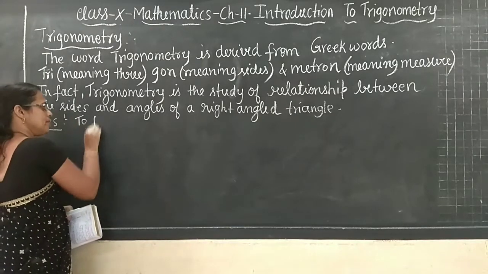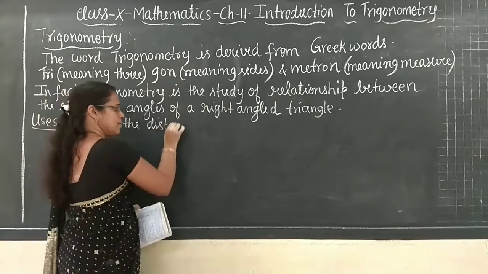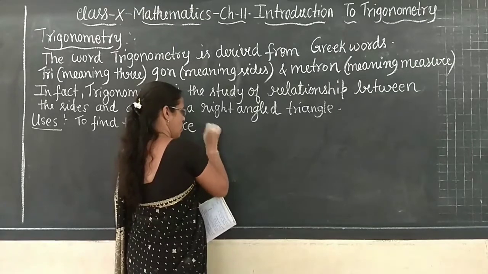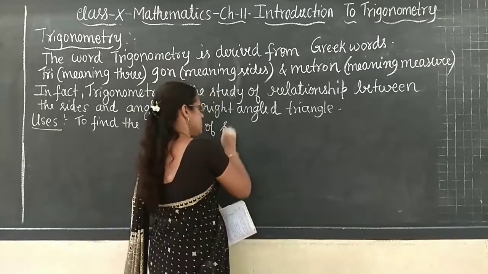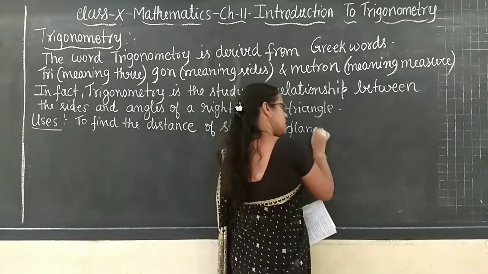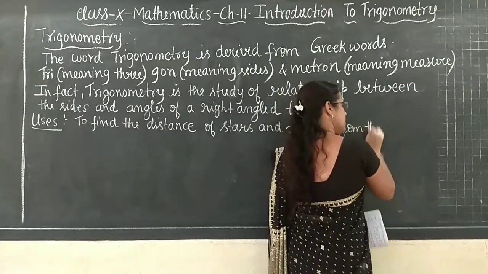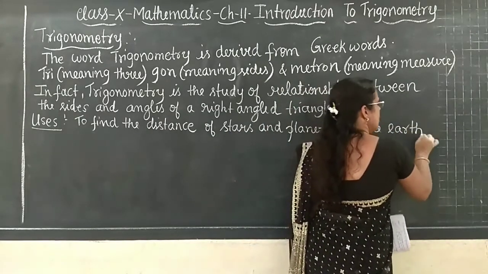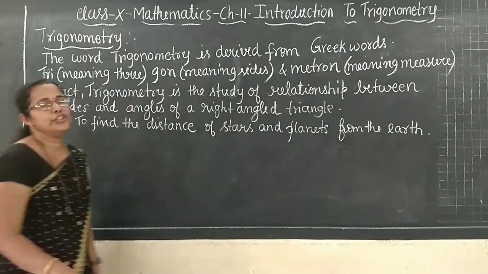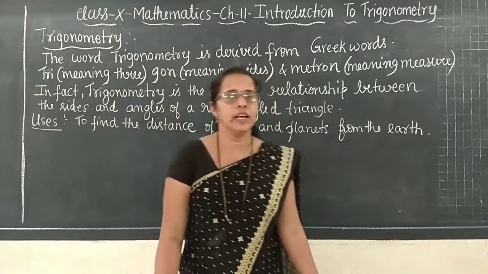To find the distance of stars and planets from the earth. Okay, so now your work is to find some more uses of trigonometry. Children, you have to find that and write in your book.